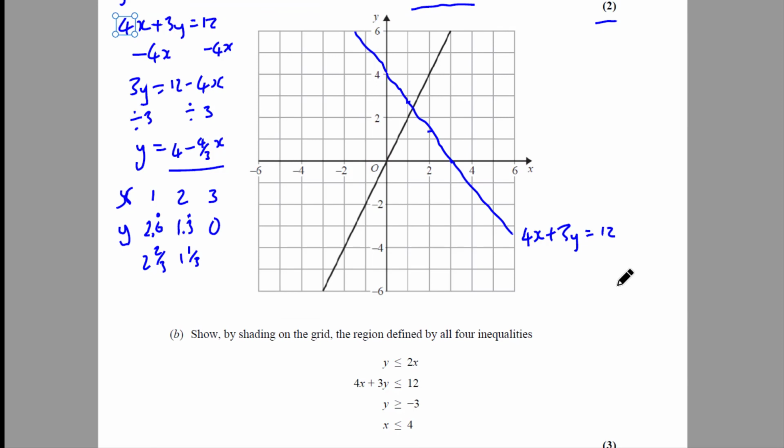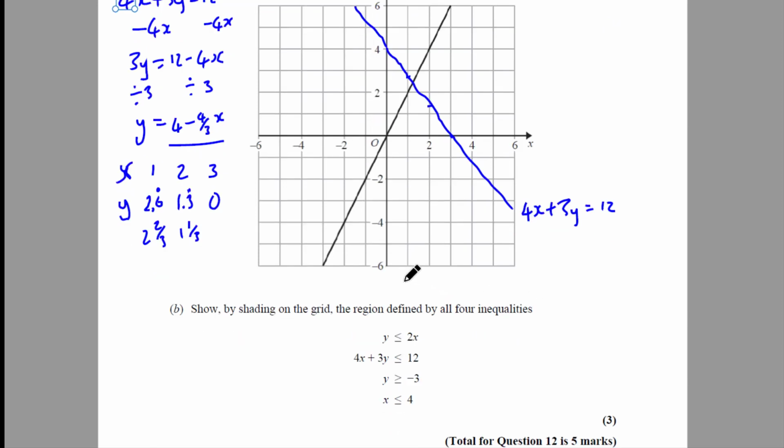That will get you your 2 marks. Now this is regions. So show, by shading on a region, the region defined by all 4 inequalities. So that means you need to draw the graph of y equals 2x. But that's already drawn for you because it's this line here.